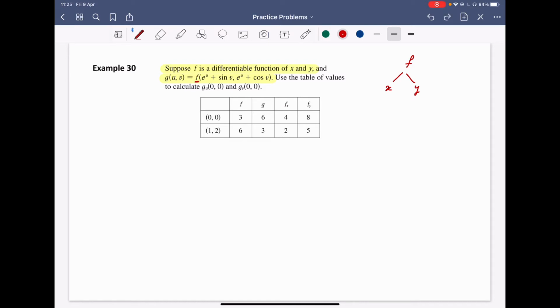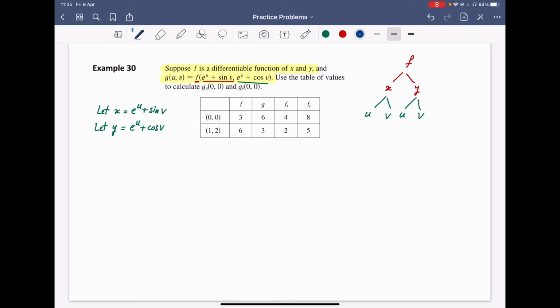So basically you can let x be the first term, e^u + sin v, and you can let y be e^u + cos v, and everything is going to be a lot easier. Now you can see that x is a function of u and v, and y is a function of u and v. And this is the diagram that you have.